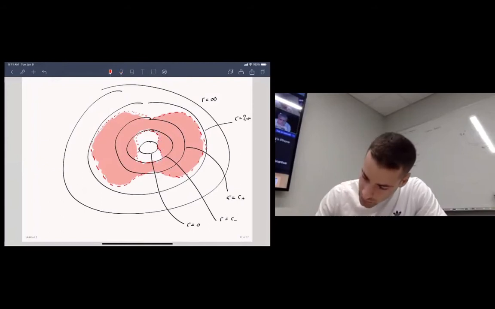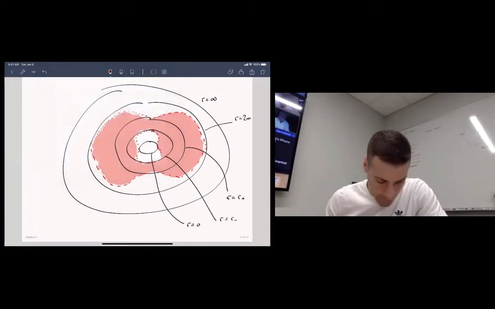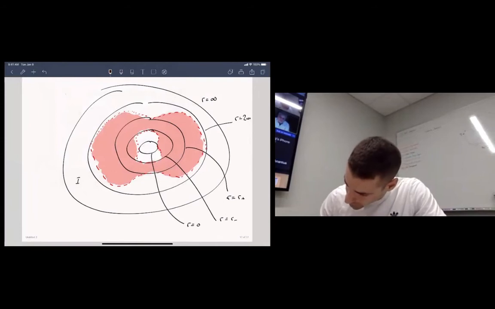So let's remind ourselves, this is block 1. This is block number 2 between R plus and R minus. Then block 3 is everything inside here. So let me draw it like this.